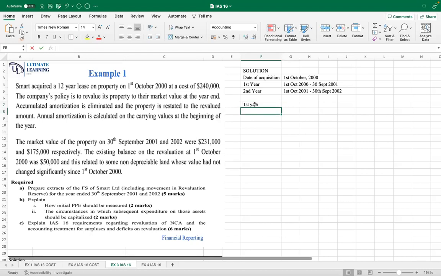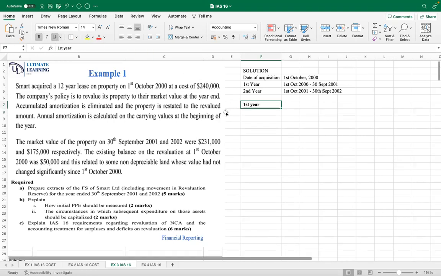So in the first year, if I want to account for the first year, remember, we said there are 4 steps. Let me read what is in the chat. Okay, there is no question in the chat. So we said there are 4 steps you should follow. Step number 1, we said calculate the carrying amount, if you recall.